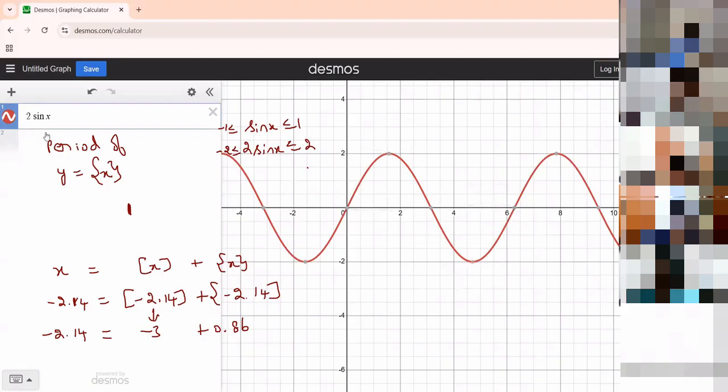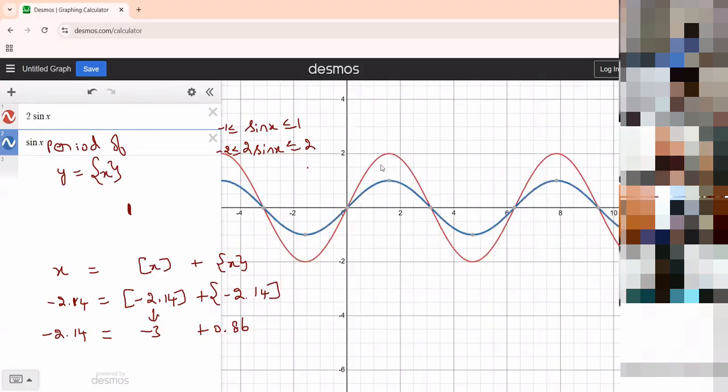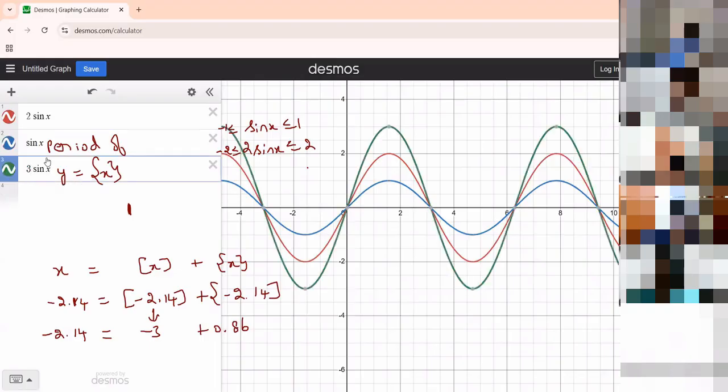This was the original sin x, but 2 sin x you can see. Then if I show 3 sin x also, you can see what's happening. So this is the lunar movement, how the tidal waves keep increasing in height very close to the full moon day, and decreasing when it's a no moon day.